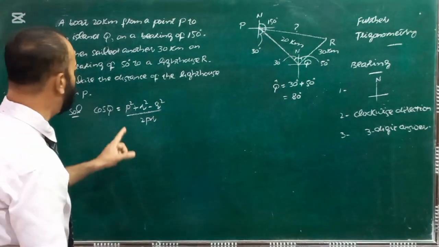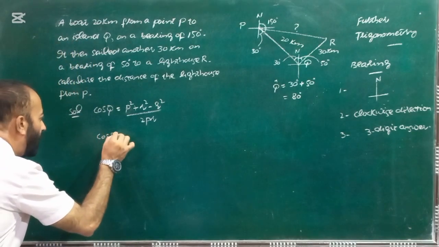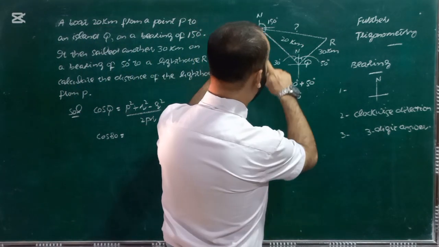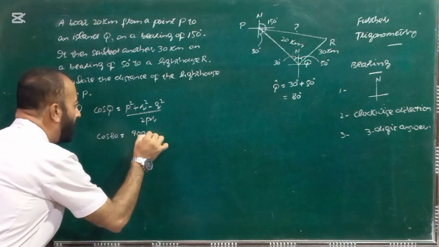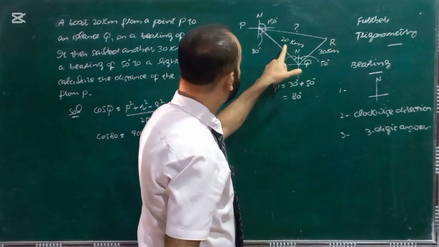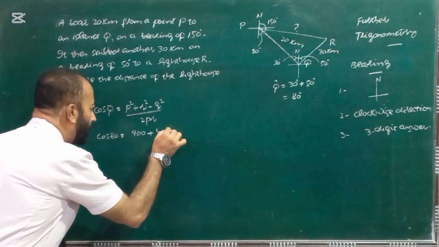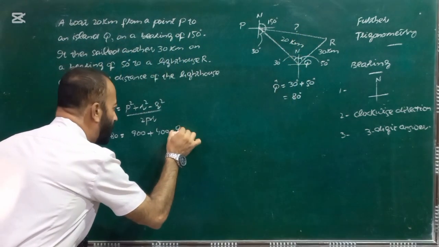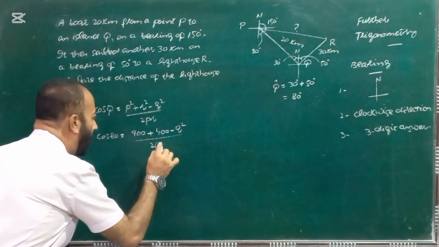So now applying the values, Q angle is 80 degrees, so cos 80 is equal to, the side opposite to P is 30, so 30 square is 900, plus R, the side opposite to R is 20, so 20 square will be 400, minus Q square, the requirement, divided by 2PR.